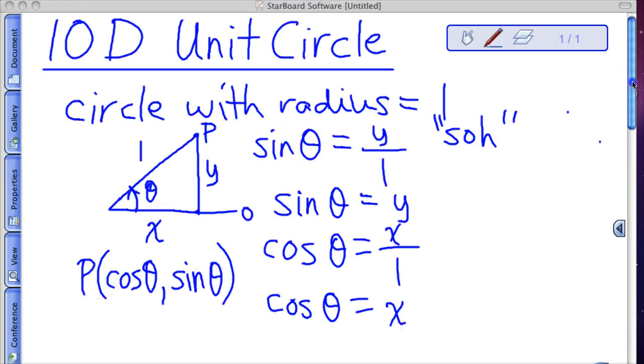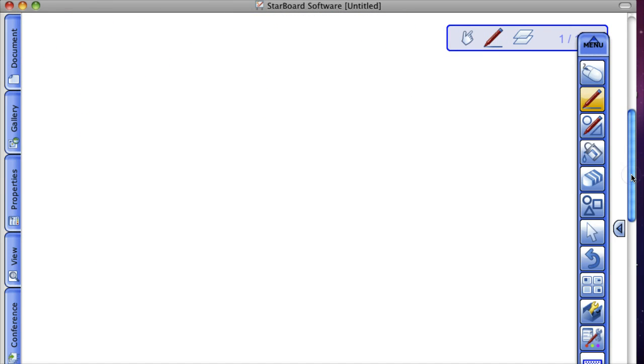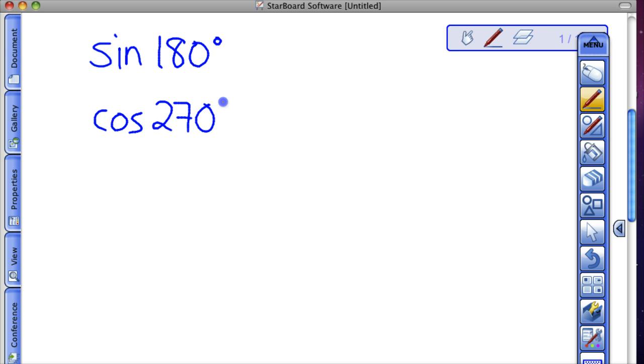I can then use the unit circle to answer a number of questions. Like for example, if I wanted to find out a trig ratio of an angle that's bigger than 90 degrees, if I want to know the ratio, for example, of sine of 180 degrees, or cosine of 270 degrees, then I can go to my unit circle and see what's happening.